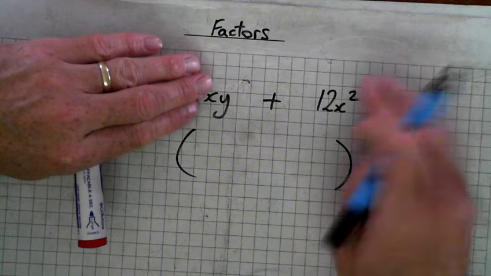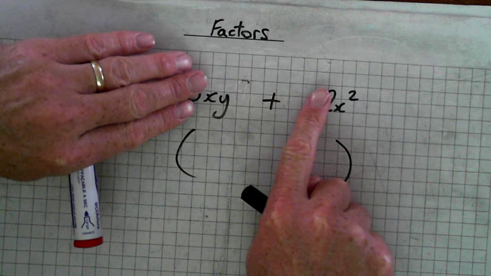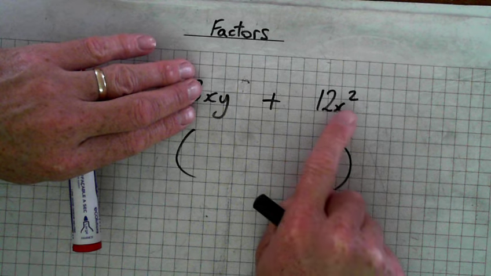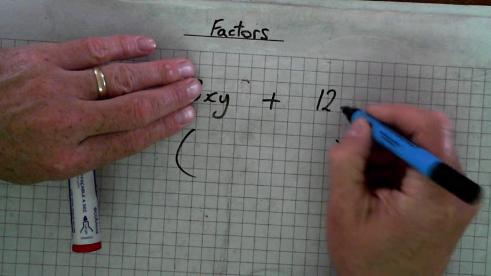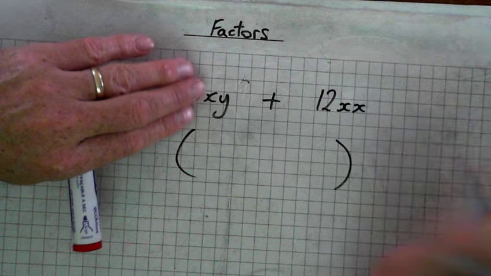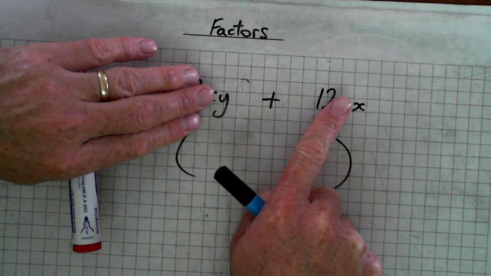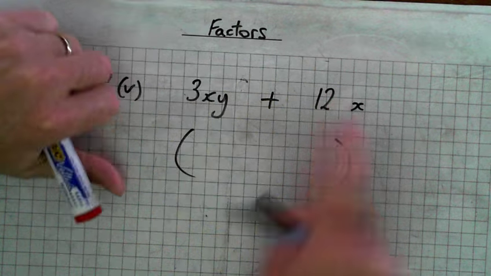So look at the letters first of all. Forget about the 3 and the 12. What can I take from both sides? x. I can take an x. So what does x squared actually mean? It means x times x, doesn't it? So what can I take from both sides? I can take an x from both sides.